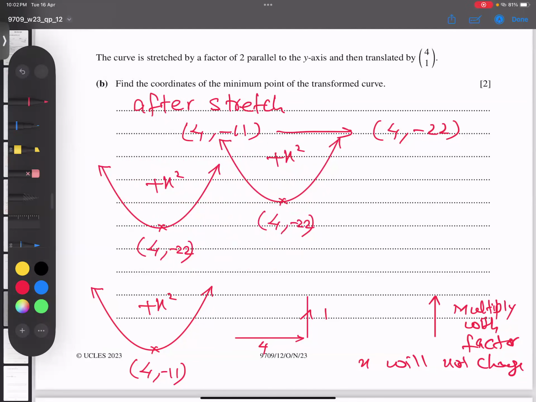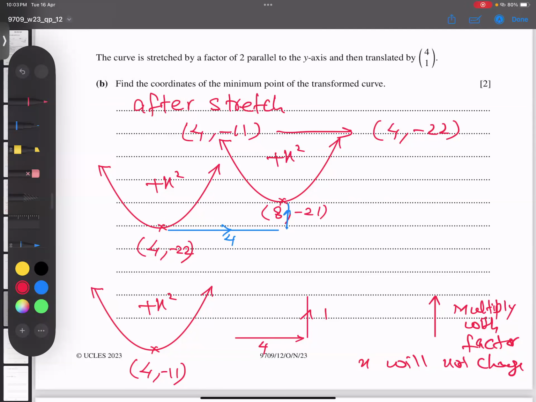So what is the change that will come? In this value, I will add 4. I will get 8. In this value, I will add 1. I'll get negative 21. So it means this point will translate right by 4 boxes, and above it goes 1 box.